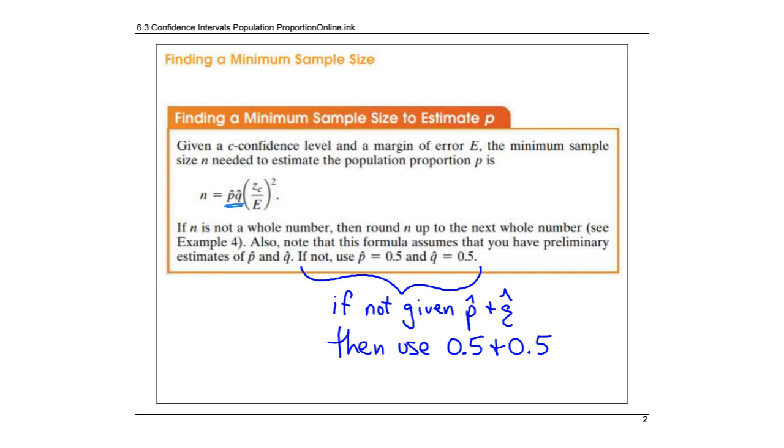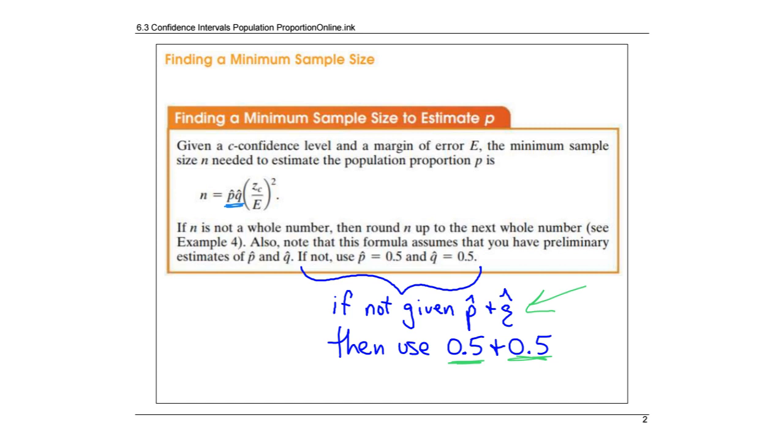We still have the normal Z of C, and we have the margin of error, and then we're raising that to the power of 2. Now, the one difference when we're just using the formula is that sometimes they don't give us P hat and Q hat. And so if they do not give us P hat and Q hat, we're going to go ahead and just use 50-50. So 0.5 and 0.5.